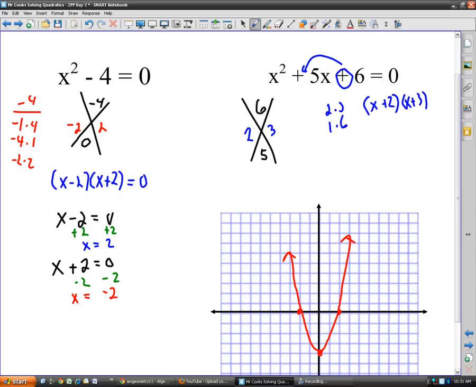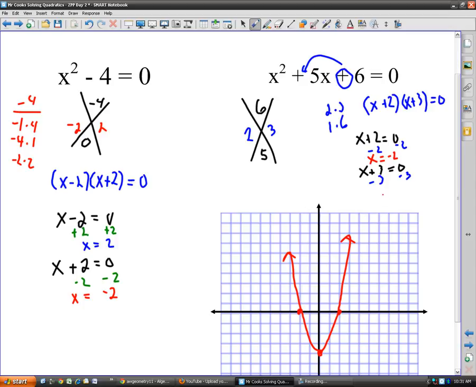Which means I break them apart and say x plus 2 equals 0, x plus 3 equals 0, and then I solve. Subtract 2, so x is negative 2, and subtract 3, so I end up with x equaling negative 3.